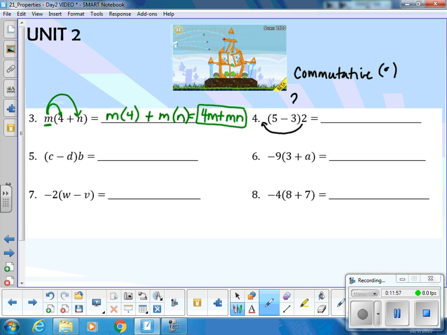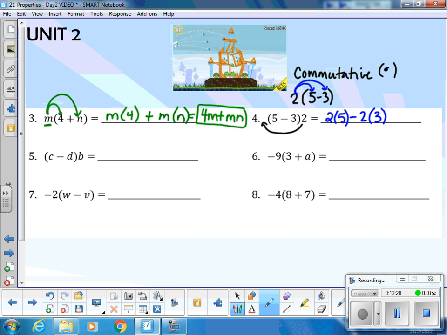So now I have 2 times the quantity 5 minus 3, because all I'm doing is taking my 2 factors and switching them around. So now it looks like something I've seen before, and now I can do my distributive property. Take the 2 and share it with the 5, and then take the 2 and share it with that negative 3. So 2 times 5, and then we have 2 times a negative 3, which would be a negative answer.